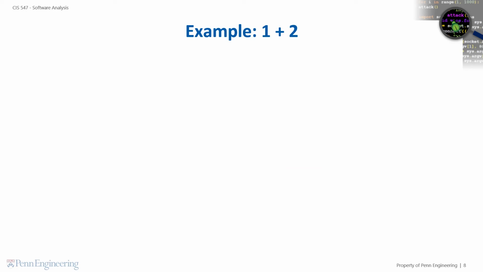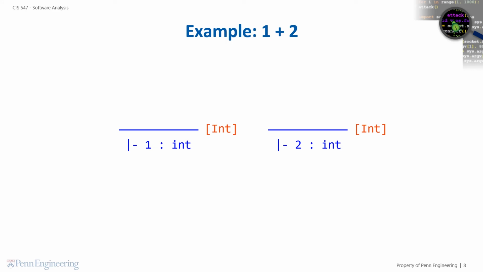Here's an example of a type derivation for typing the expression 1 plus 2. We first instantiate the axiom schema int by filling in the number 1 for I to produce the axiom, "It is provable that 1 has type int." Similarly, we instantiate the int axiom schema again to produce the axiom, "It is provable that 2 has type int."